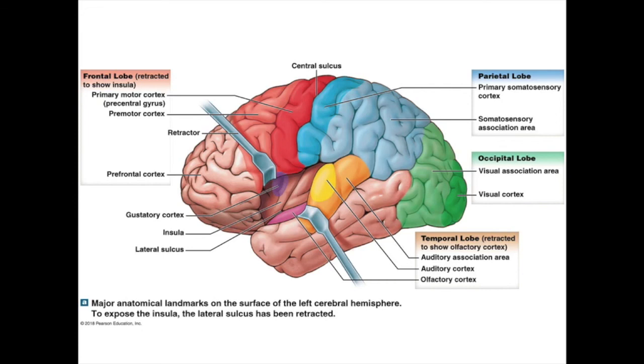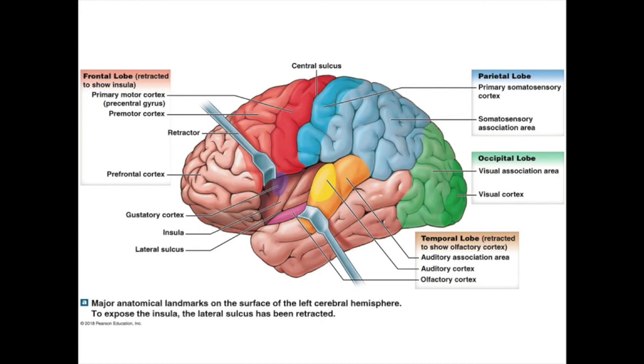Posterior to the parietal lobe, marked in green, we have the occipital lobe. Laterally, we have the temporal lobes. So localize the lobes, pause if you need, and then we can speak about some of the primary functions.